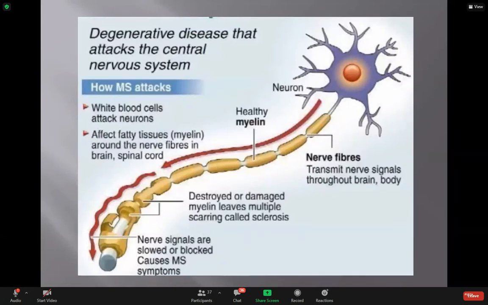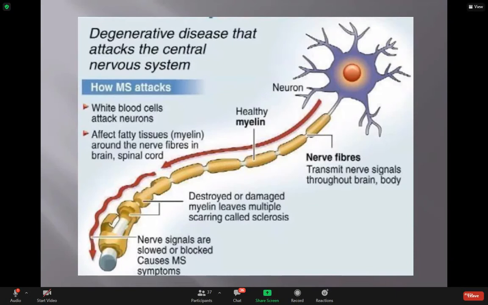Okay. So it is an autoimmune disease. It affects myelin around the nerve fibers in the brain and the spinal cord. Remember, we have these fibers in the brain and we have them in the spinal cord and we have them exiting the spinal cord going into your arm or your leg, the peripheral nerve.